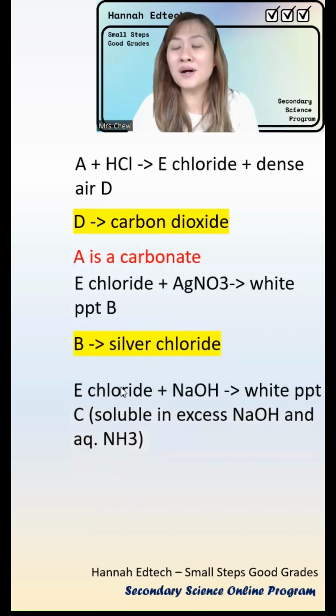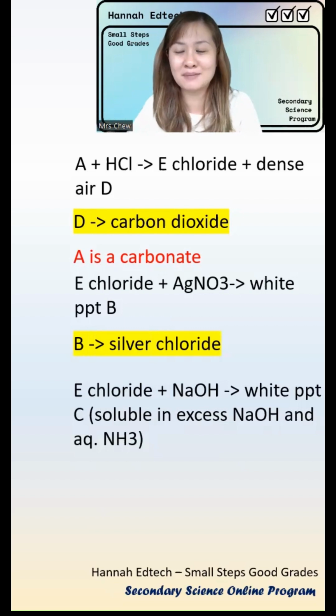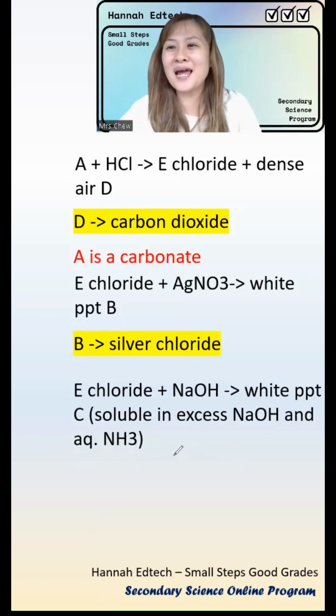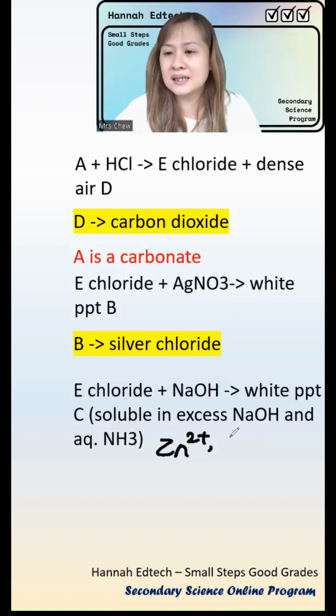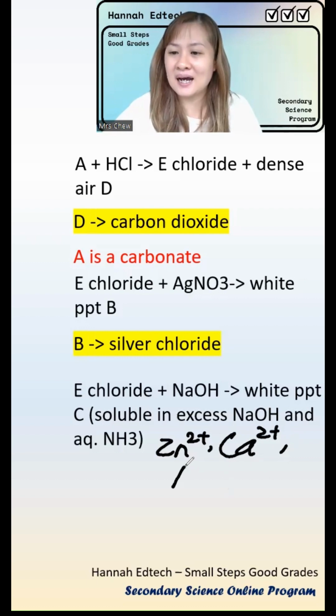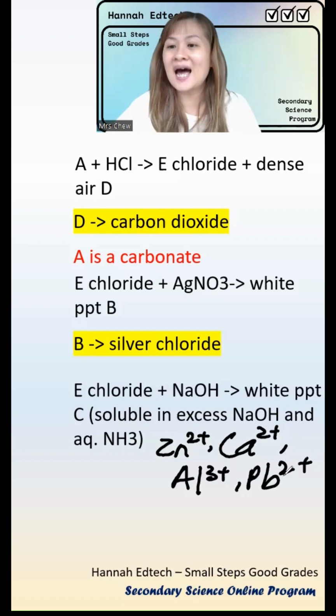After that, we want to find out the metal ion present. So we will add sodium hydroxide and we discover that it is a white precipitate. For white precipitate, we actually have a few ions, which are zinc 2+, calcium 2+, aluminium 3+, and lead 2+.